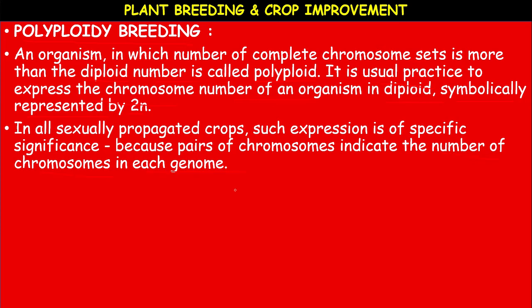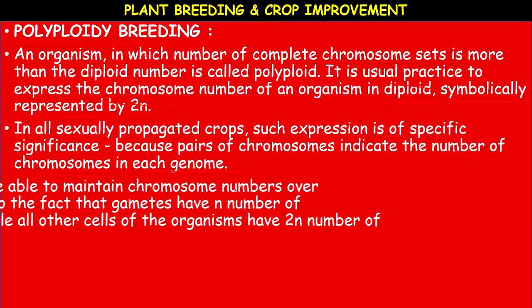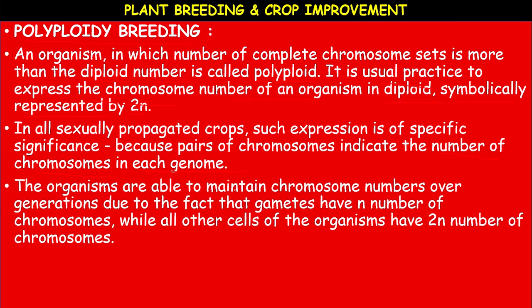In the next slide we are going to see what is the genome. The organisms are able to maintain chromosome numbers over generations because the gametes have n number of chromosomes, while all other cells of organisms have 2n number of chromosomes.